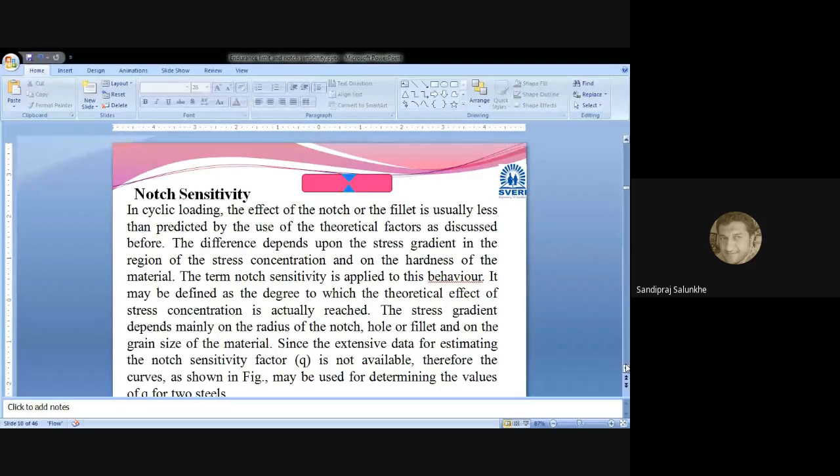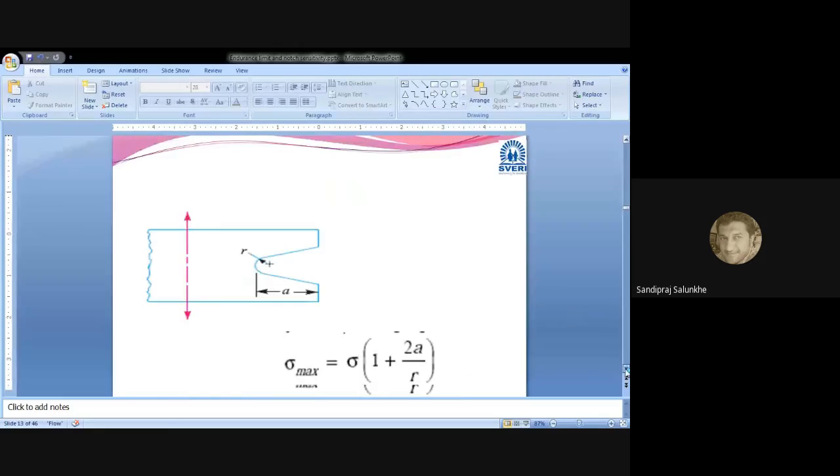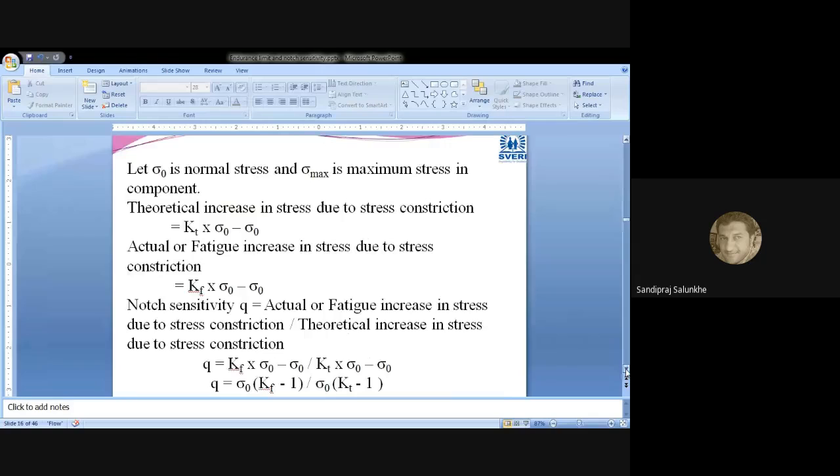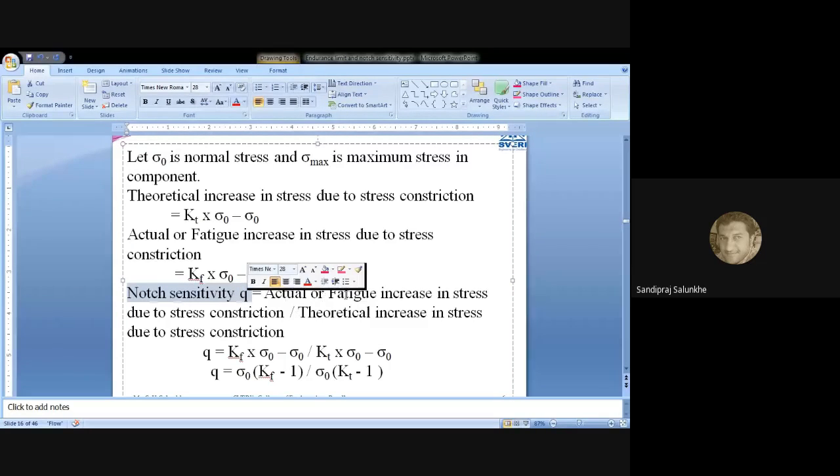And we say that the stress which has increased, the actual stress, divided by the theoretical stress which has increased, gives the mathematical formula for the notch sensitivity. That is nothing but the actual or fatigue increase in stress due to stress concentration.